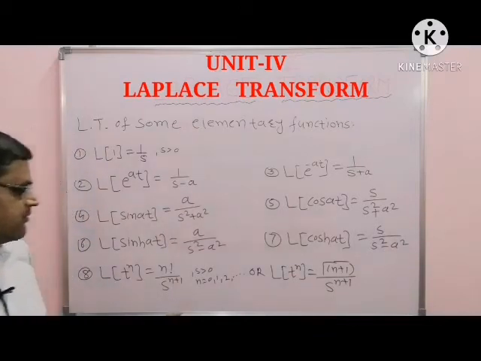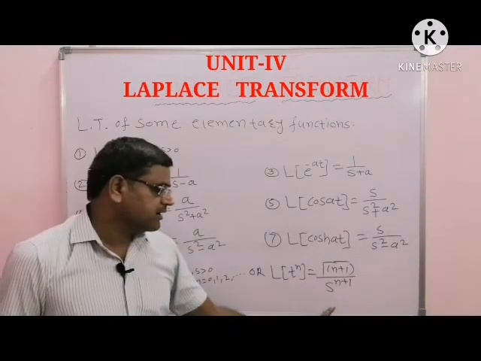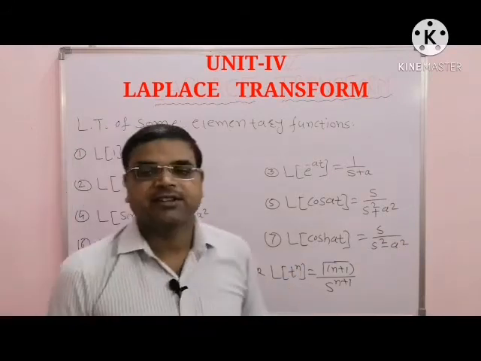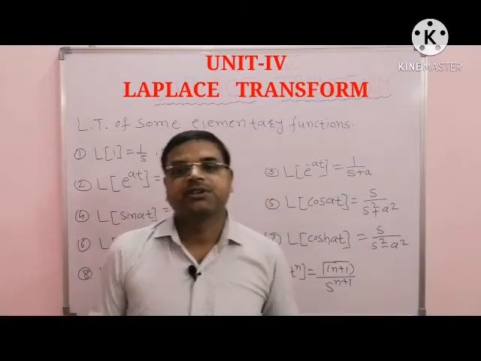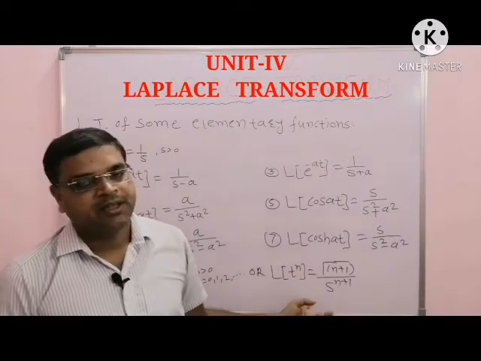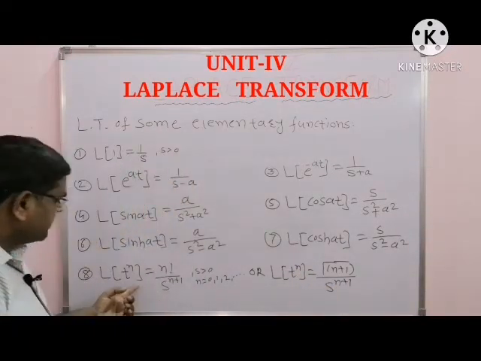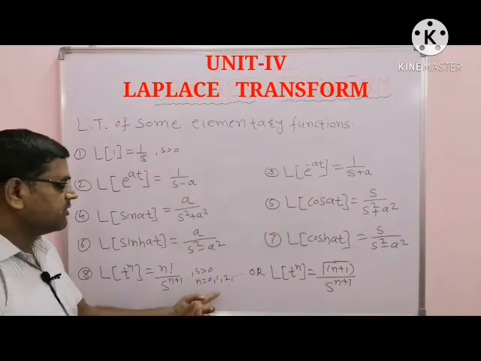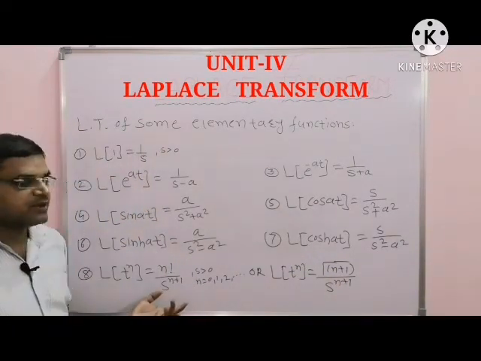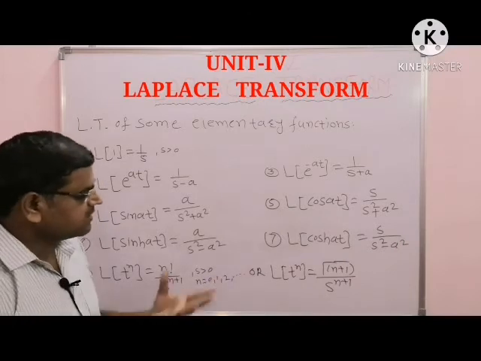When n is in fraction form, positive or negative, in that case we will use this formula. And if n is a whole number 0, 1, 2, 3 and so on, in that case we will use the former formula. So you have to remember one thing here.